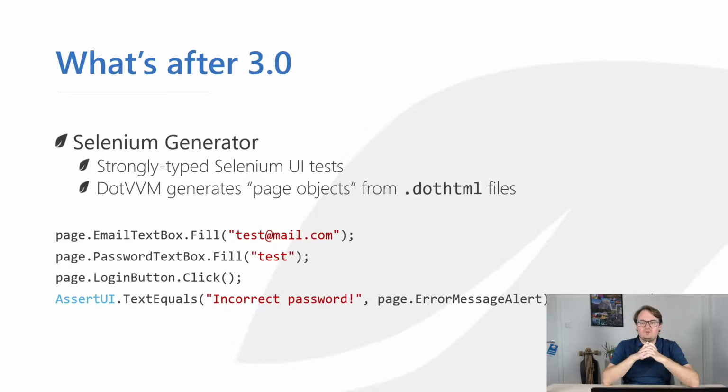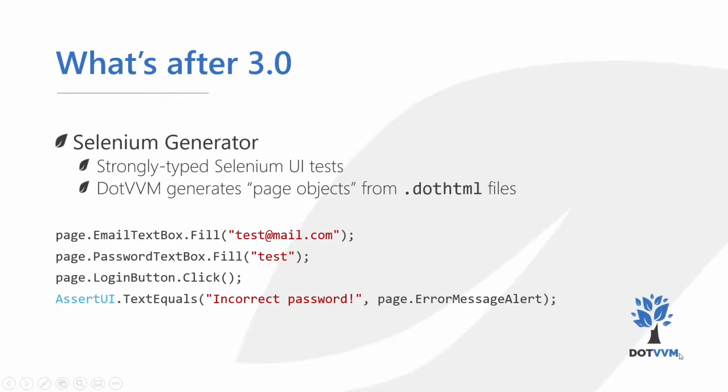Another very interesting feature we are planning for quite a long time, unfortunately, there have been a lot of changes we need to do in our command line tooling to make this feature work reliably, is what we call the Selenium generator. Basically we want to have a way to generate UI tests, but the biggest issue of UI tests is that they can break very easily.